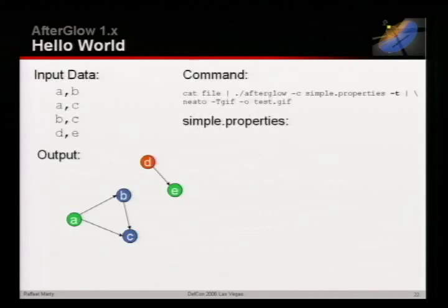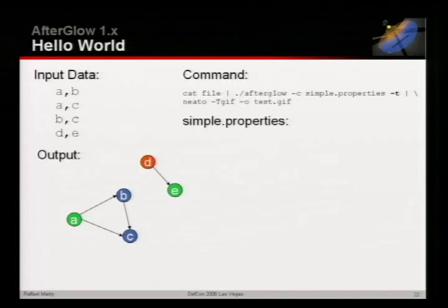So this is kind of my hello world example. My input data is on the upper left. There are 4 entries in my log file, AB, AC, BC, and DE. If you would just visualize that, you would get something on the lower left. The nodes are connected. The command to run Afterglow is on top. And I think there's a pipe missing in your slides on the top right, but you will realize that yourself.